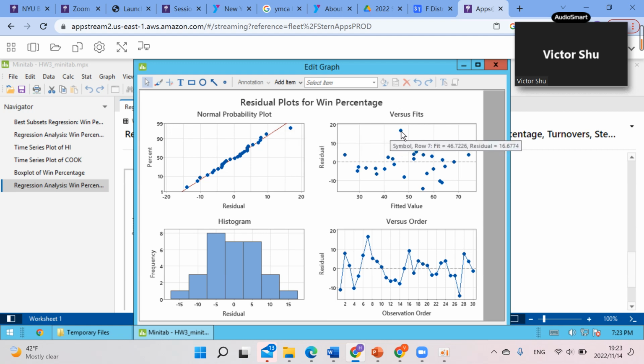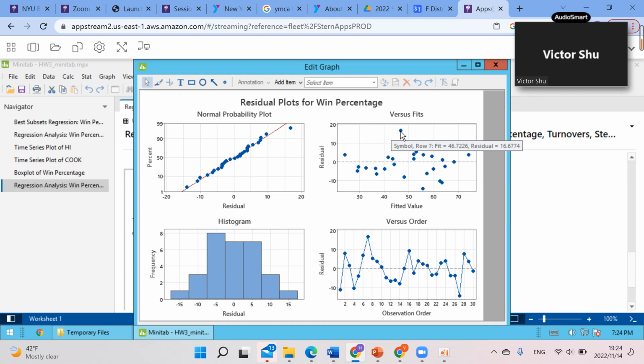We can find it on the second graph, the row 7 graph, right? The residual here shows 16.67, and you can see on the y-axis, the residual axis, it's more than 15. It's a hint of an outlier because in the residual plot I have a very high residual, which means my predicted y and the actual y have a very large difference.